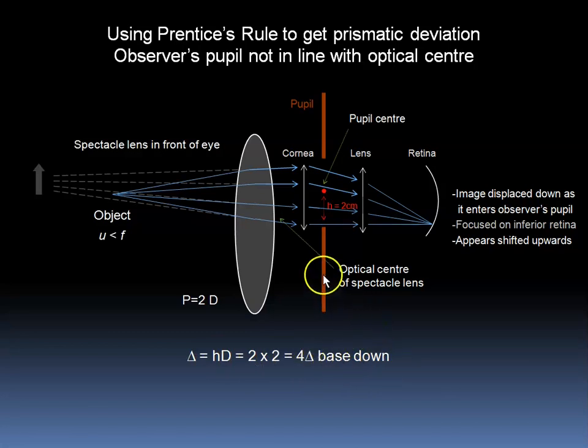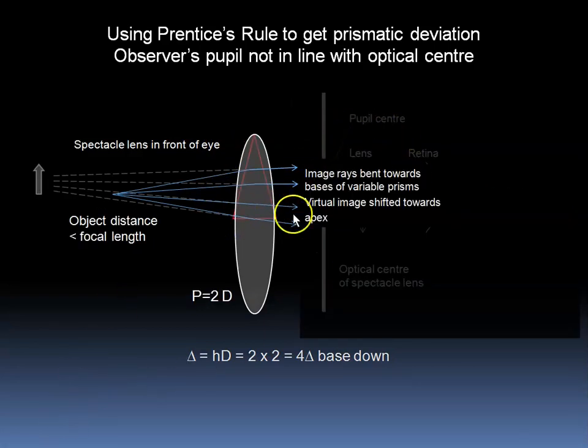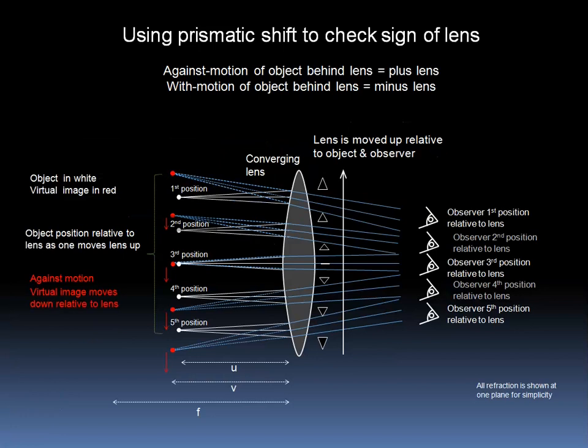It is a base down prism because the pupil overlies the upper part of the lens, which has an overall base down effect. Here we see that the pupil overlies a part of the lens that has an overall base down effect.